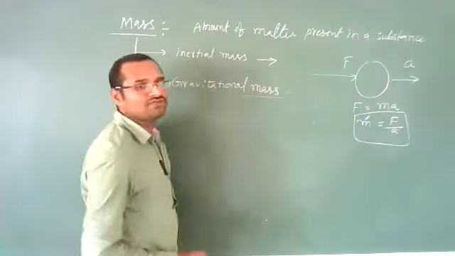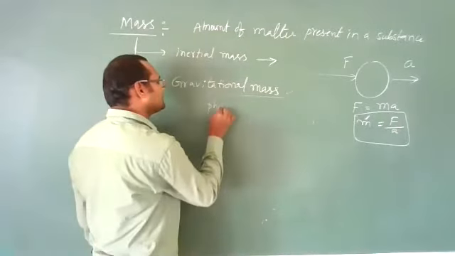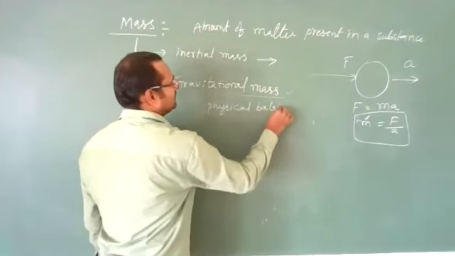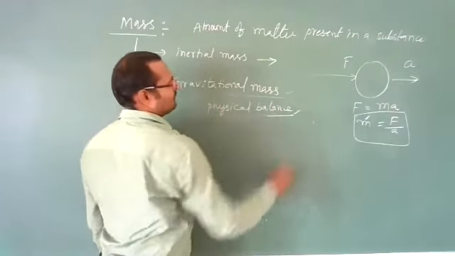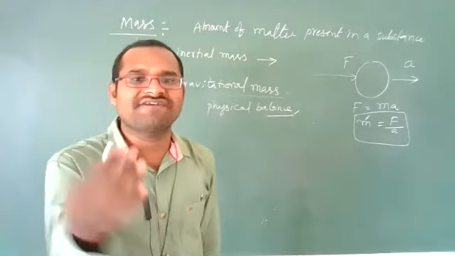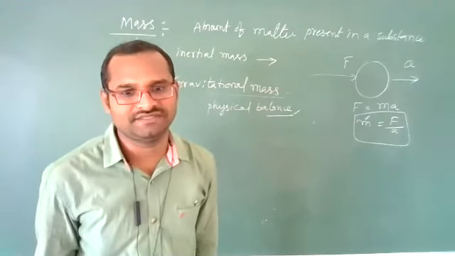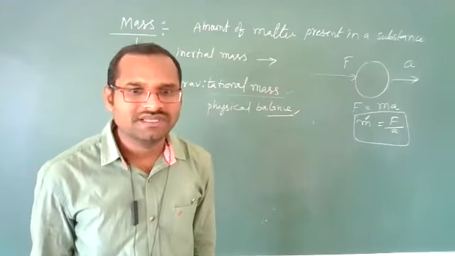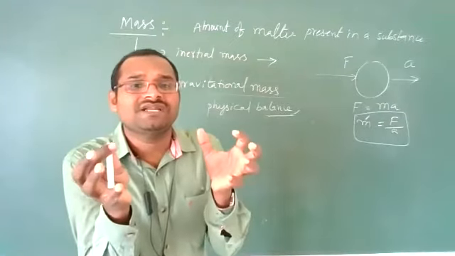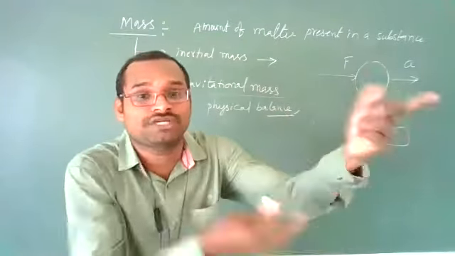This gravitational mass we measure by using a physical balance. Gravitational mass is the mass of an object which is affected by the acceleration due to gravity.